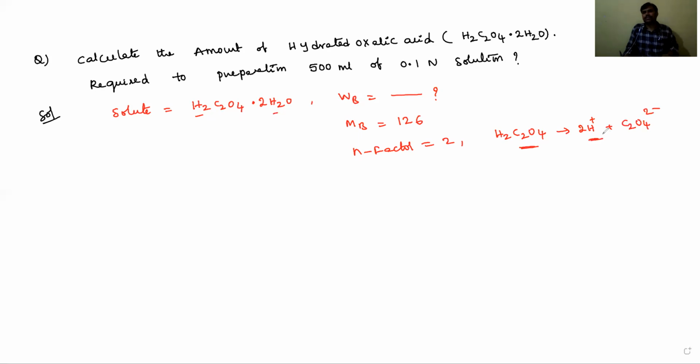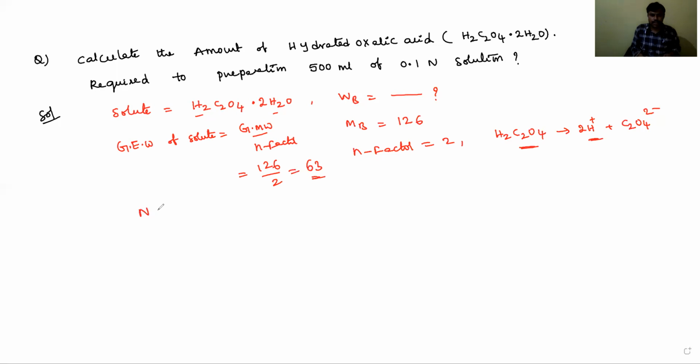That's why its n factor is equal to 2. Then the gram equivalent weight of solute is equal to gram molecular weight by n factor, which is 126 divided by 2, equal to 63.